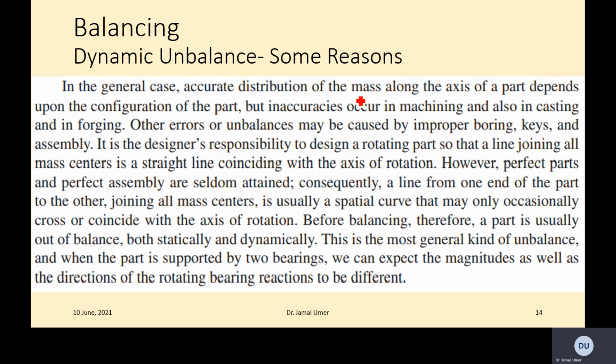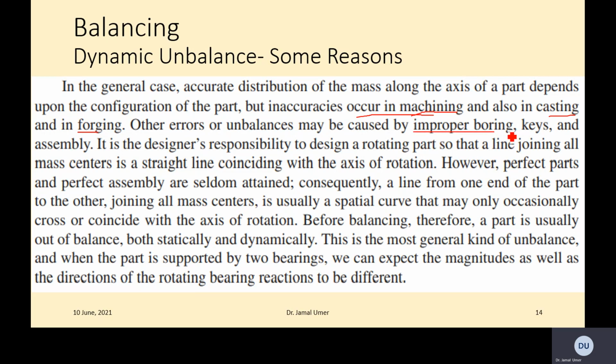Other errors or unbalances may be caused by improper boring.